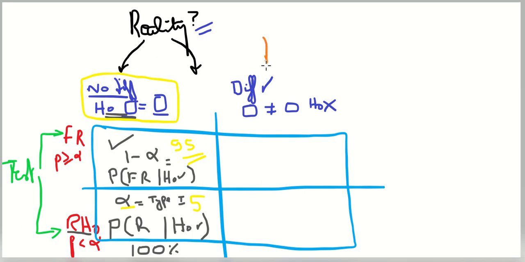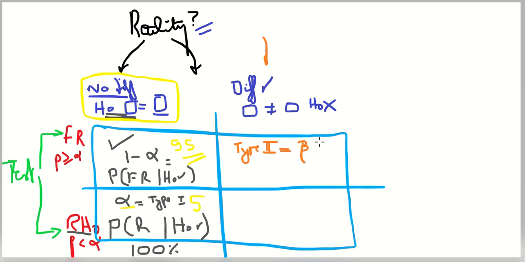All right, let's move along to the other side here. What if the drug actually works, meaning the drug has an effect? Again, two possible scenarios. Either you're failing to reject the null, and that would be wrong, and this is type 2 error. This should happen beta percent of the time.